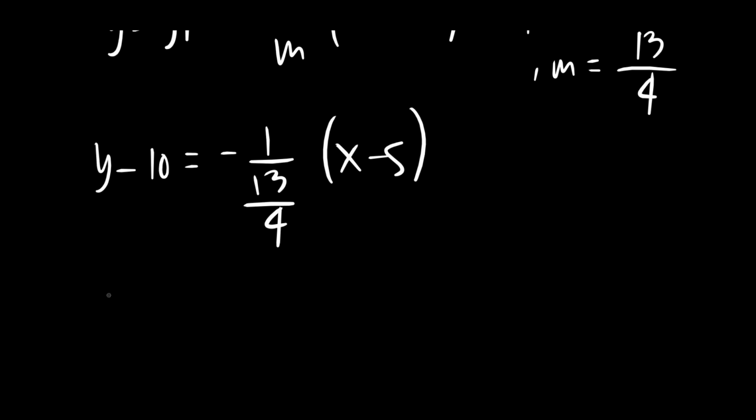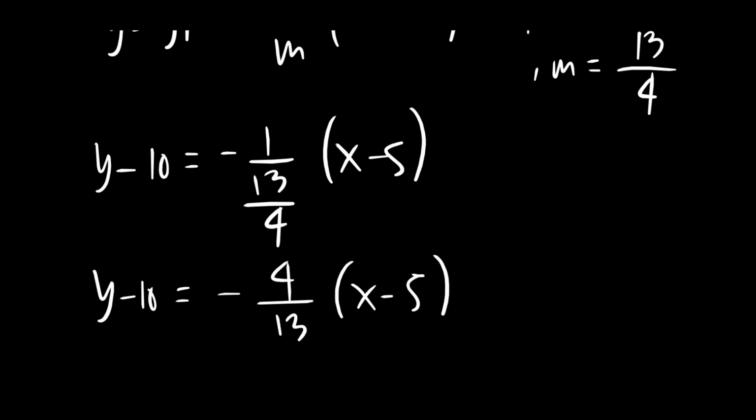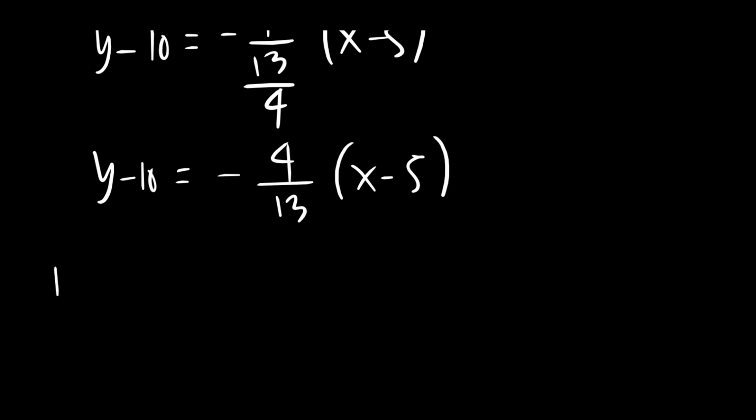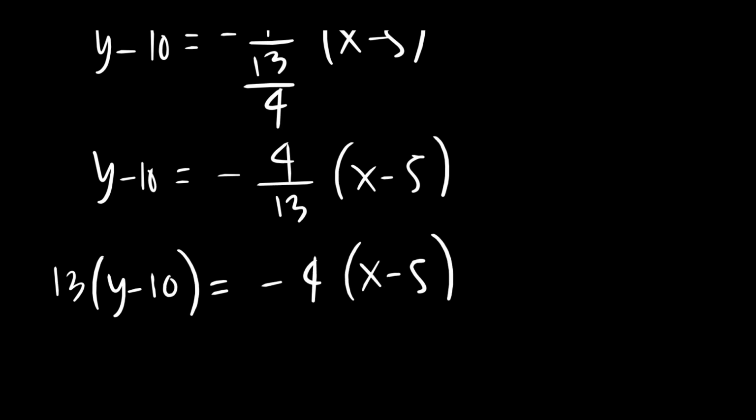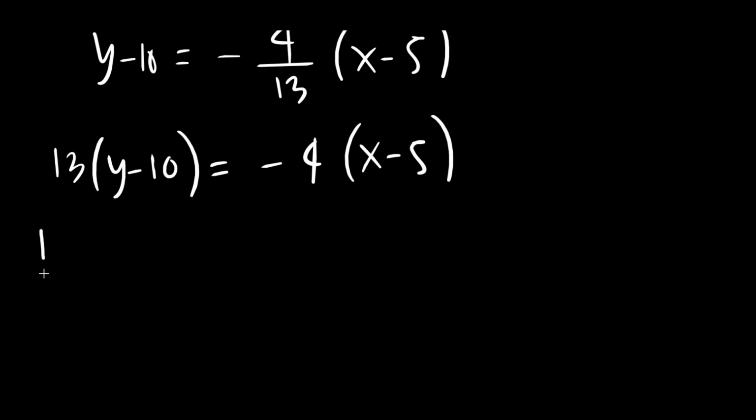So after this one, we will have y minus 10 is equal to negative 4 all over 13 multiplied by x minus 5. So 13 multiplied by y minus 10 is equal to negative 4 multiplied by x minus 5.